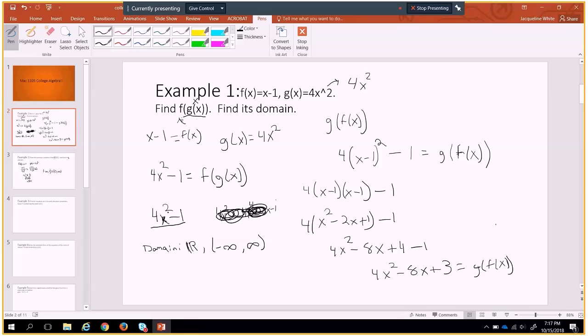It's not dividing anything, it's not multiplying anything. So remember that, because a lot of these questions are going to ask you about domains. Just remember that the domain of any polynomial is all real numbers. Okay, then we'll move on to the third one.